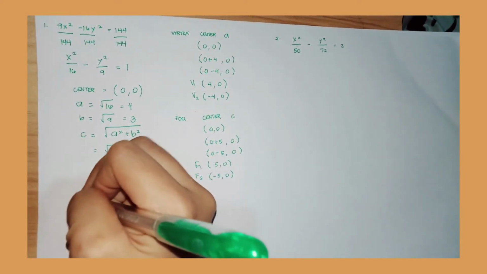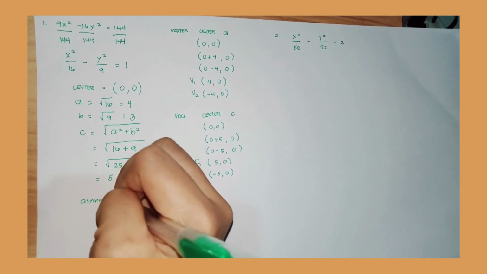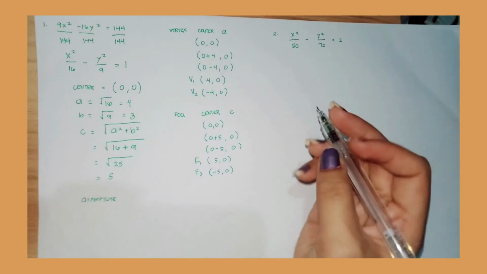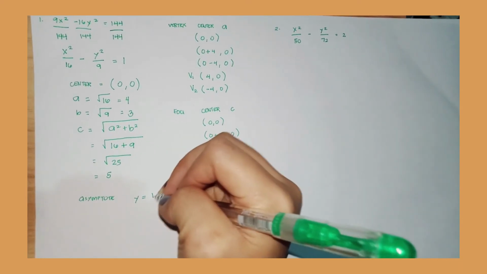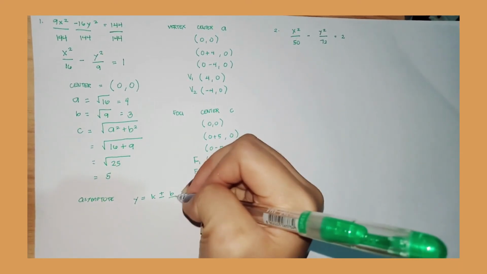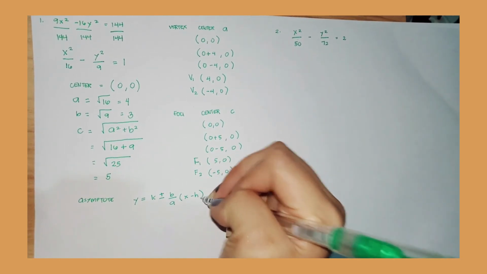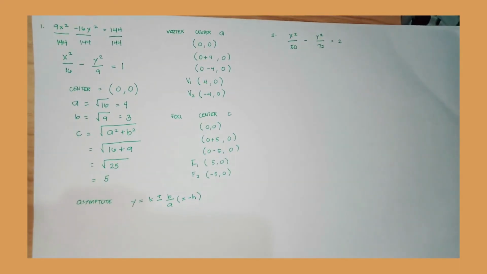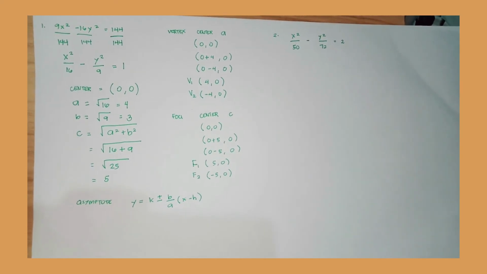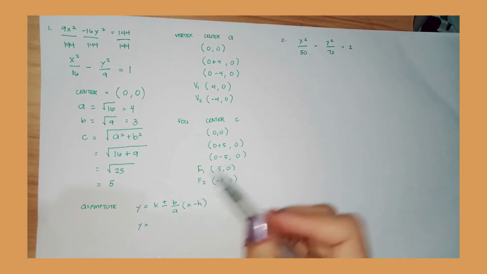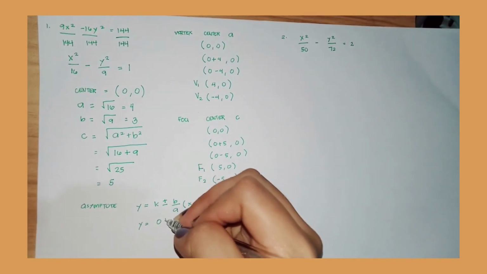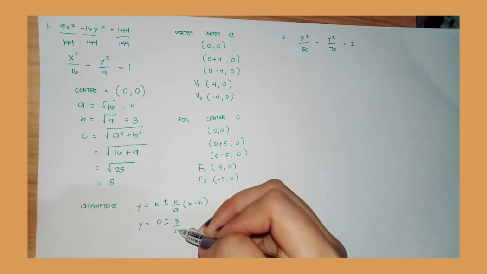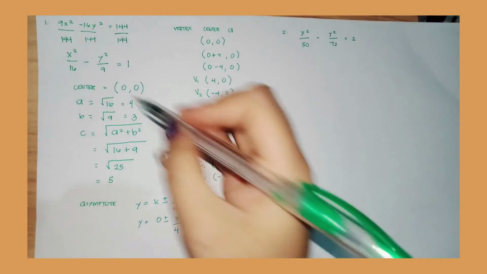Next, let's find our asymptotes. How do we get the asymptotes? The formula we will use, since x squared comes first, is y equals k plus or minus b over a times x minus h. We use this when the first given term is x squared. Then we substitute the values. y equals, our k is 0, plus or minus, b is 3, over a is 4, copy x, minus, our h is 0.